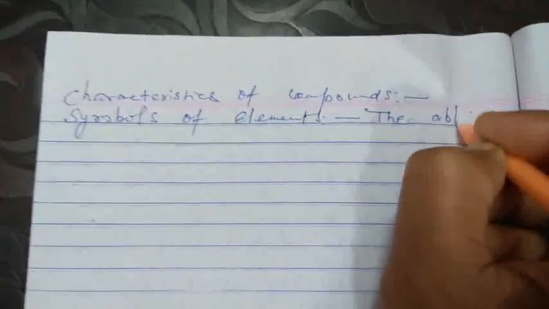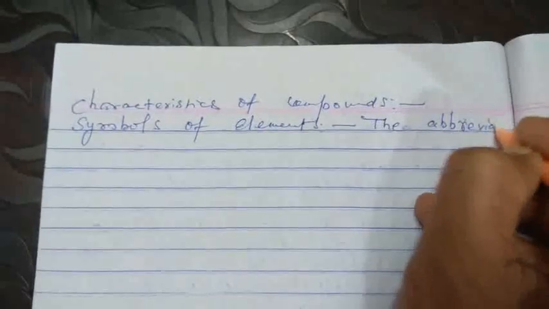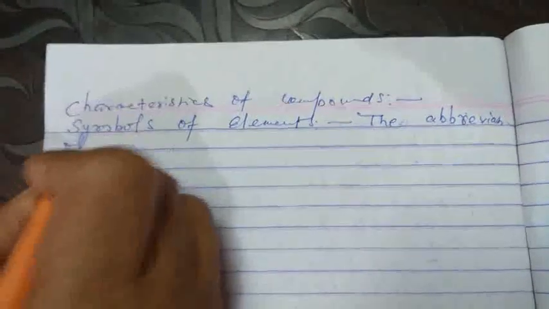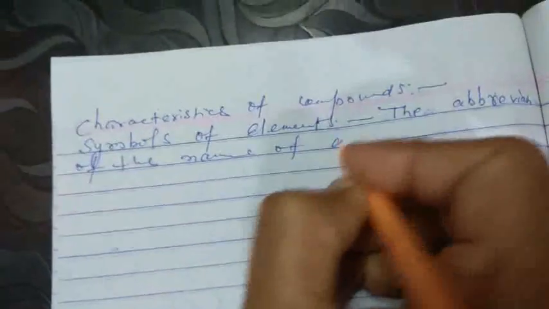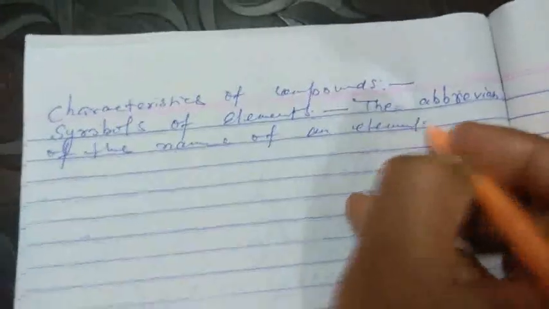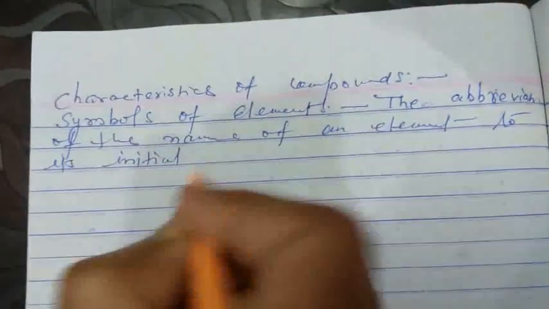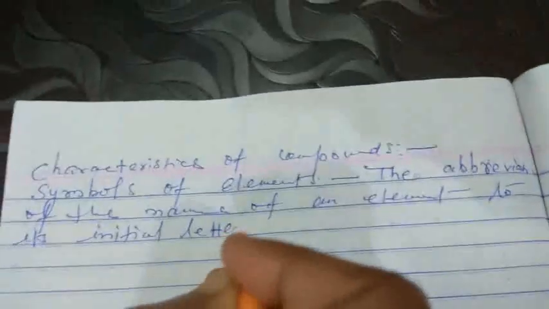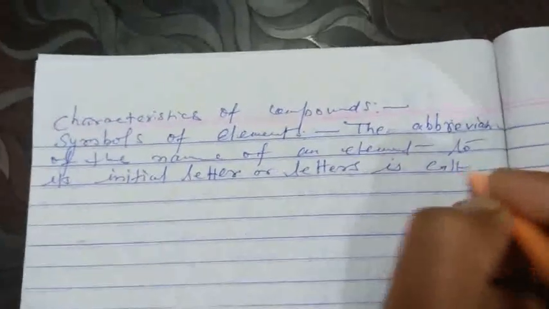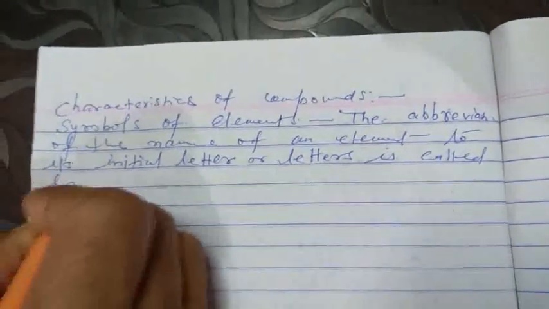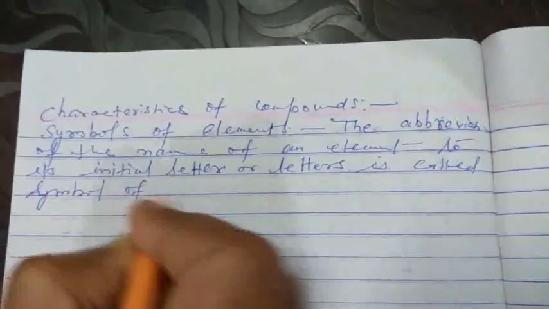The abbreviation of the name of an element to its initial letter or letters is called the symbol of an element.